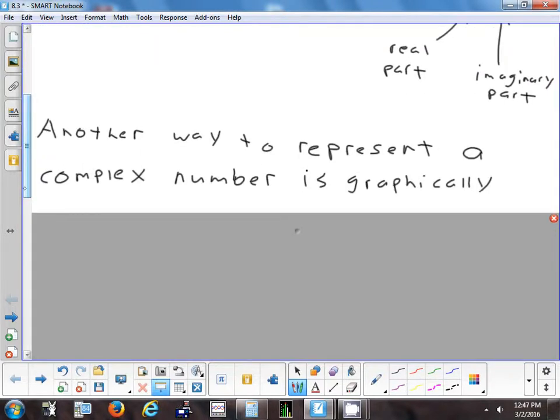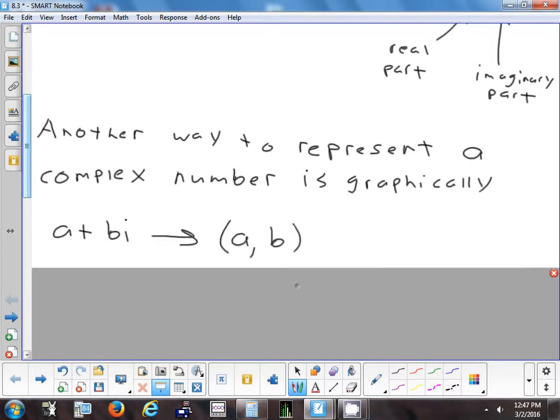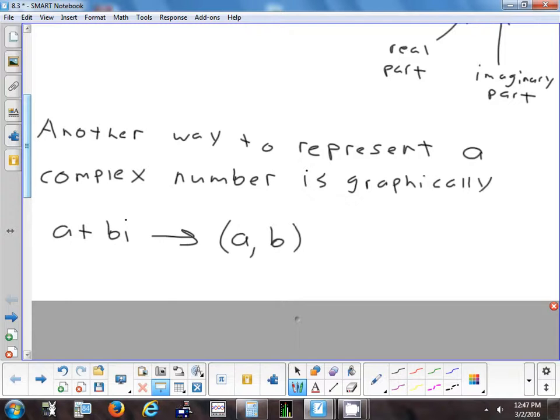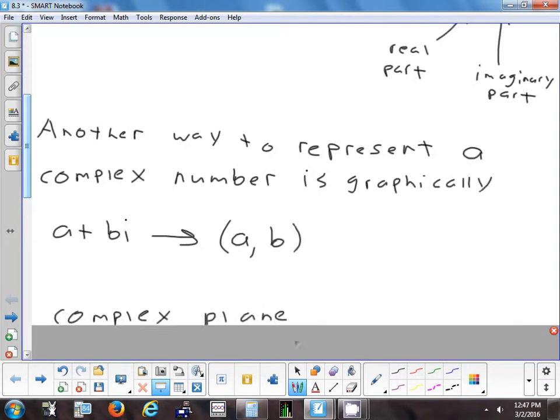First I just want to look at how we can graph a complex number, because a lot of things that we do today, we have to know the quadrant our point is in. Basically, to graph a complex number a plus bi, it's just like graphing the point (a, b).